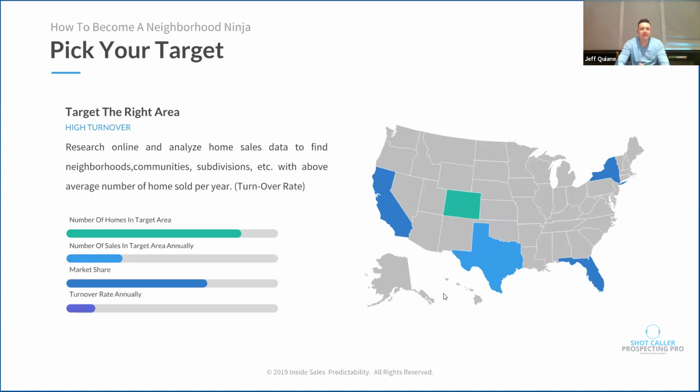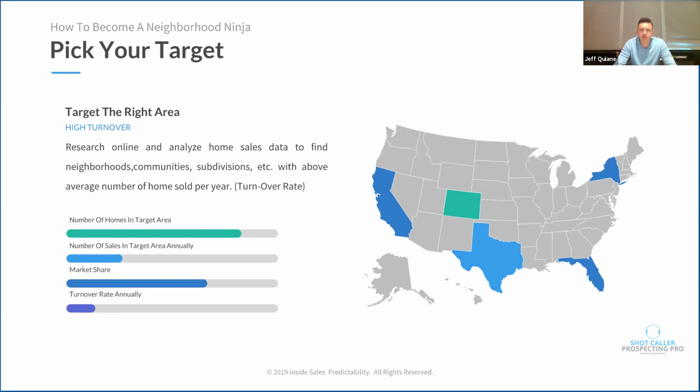Step one, pick your target, right? You would typically look for areas that have a high turnover rate. You can research online through different tools to analyze home sales data to find the neighborhoods, communities, subdivisions, whatever it is, that you want to target.